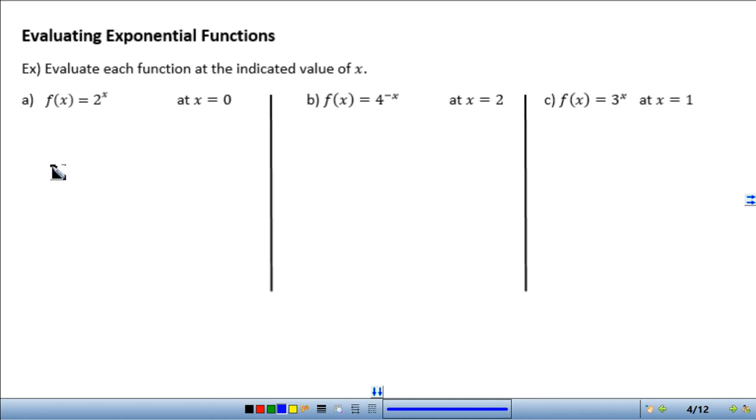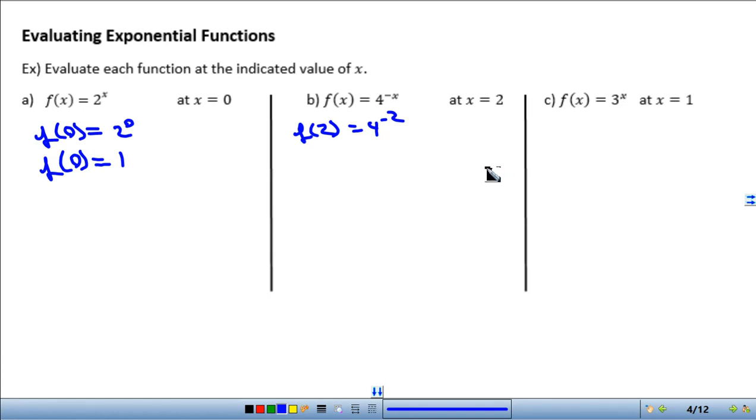Plug it in, plug it in. So you have f of 0, because x is 0, equals 2 to the 0. Well, what's 2 to the 0 power? Anything to a 0 power is 1. You should remember that from Algebra 2. F of 2 equals 4 to the negative 2 power. Now, remember a negative power?